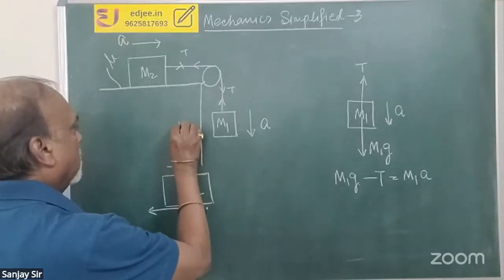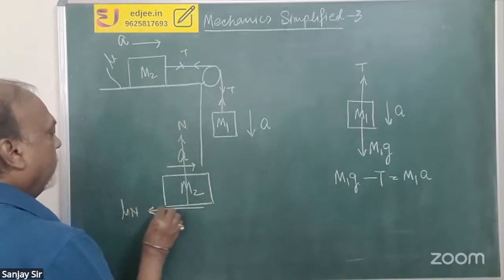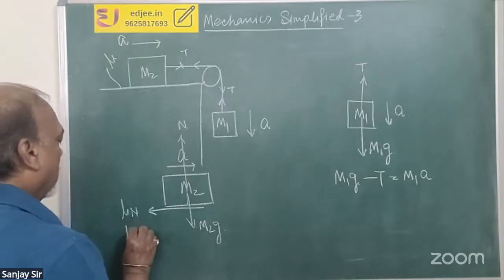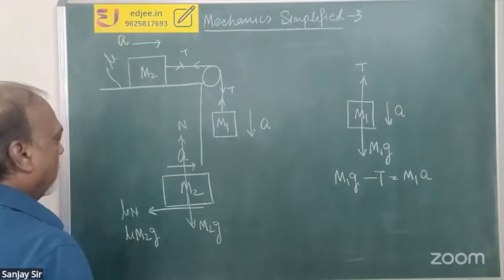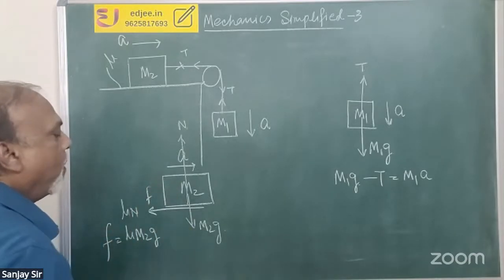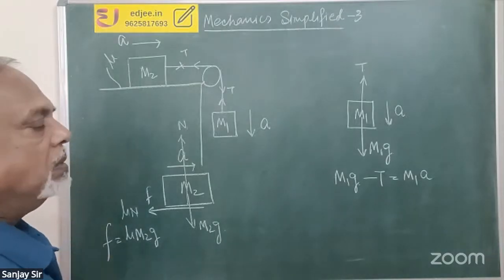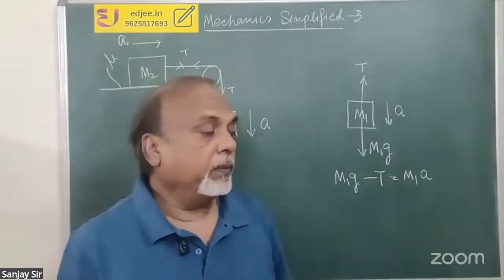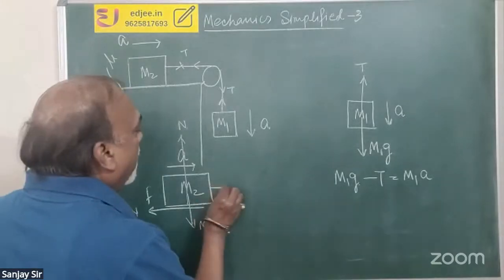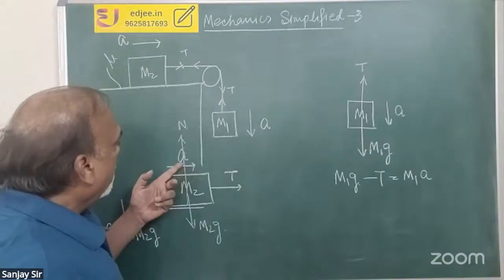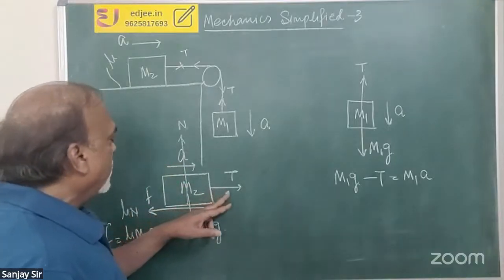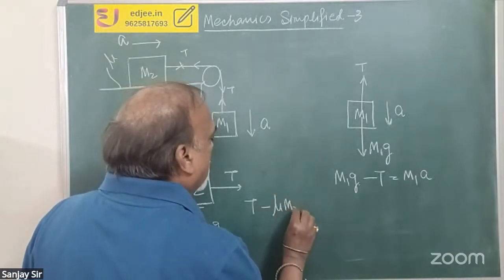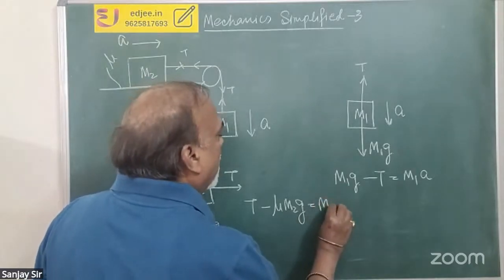This is your N, and friction will be mu N, where N is nothing but M2 G, so mu M2 G. Now it is moving in the right direction, that means T is more than your F. That's why it is moving. So net force is T minus mu M2 G equal to M2 A.